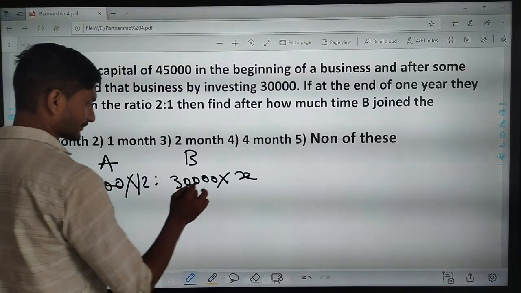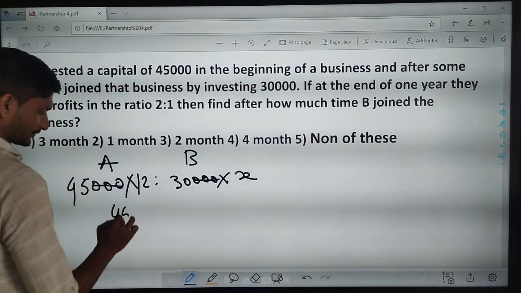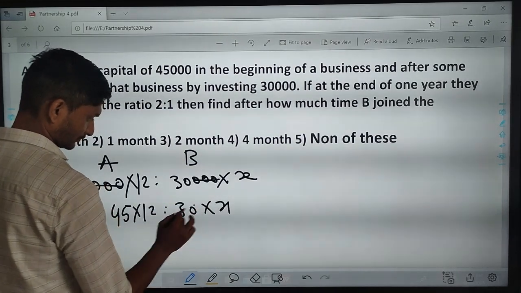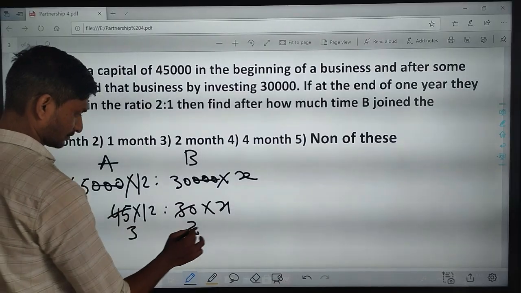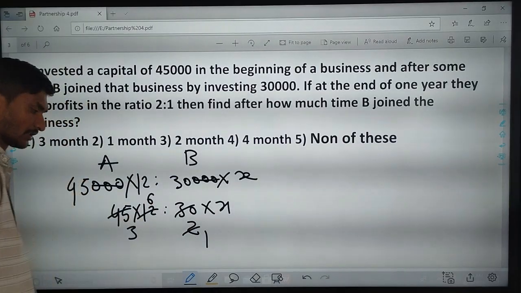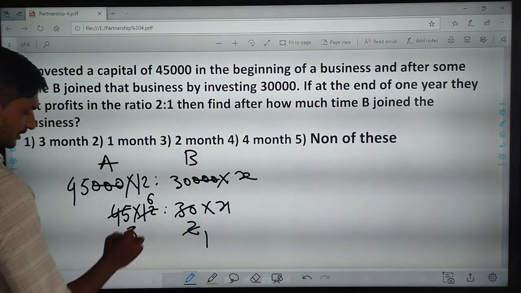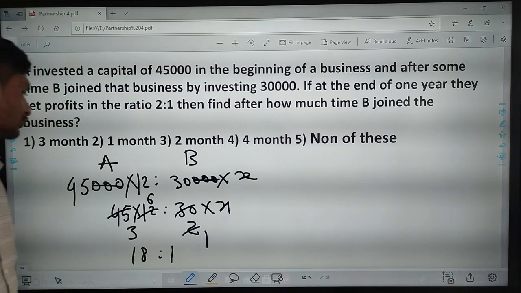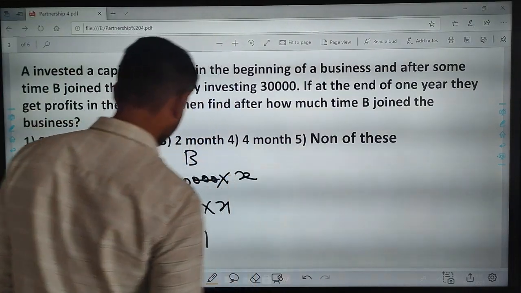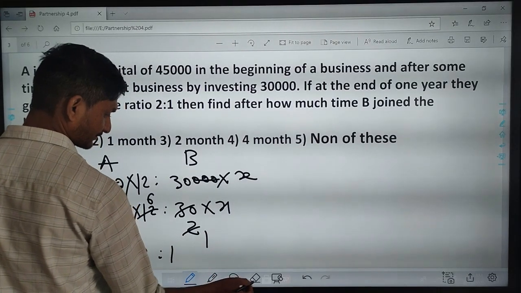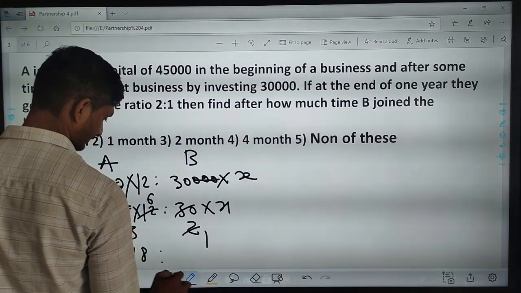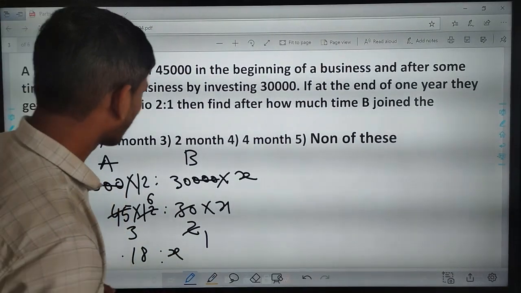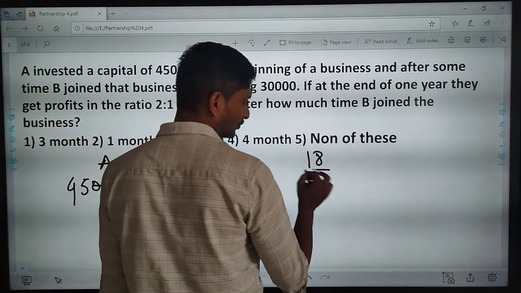Now here we write the ratio. 45 by 30 remains 3 by 2, so 3 times 12 is 18 as to x. The profit ratio of A as to B is 18 as to x.